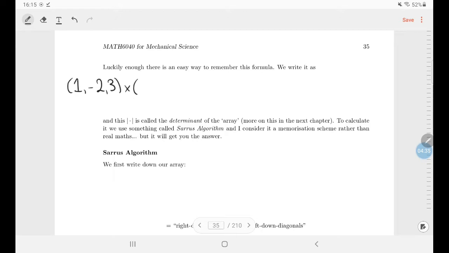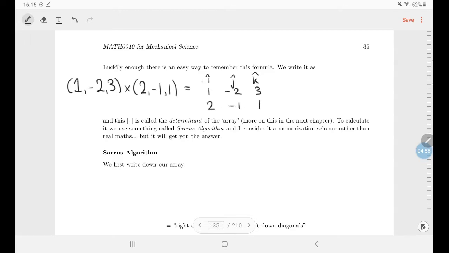Cross product 2, minus 1, 1 equal to. So you write ijk along the top. You write the components of the first vector in the second row. So that's 1, minus 2, 3. And then of the third one down below, 2, minus 1, 1.